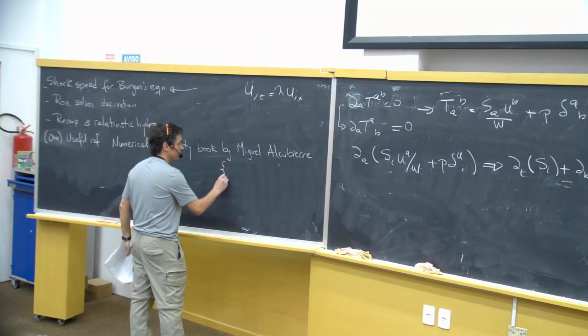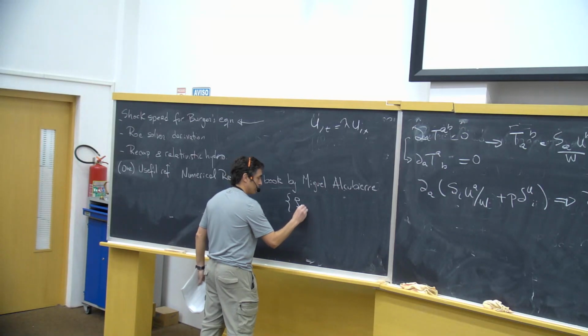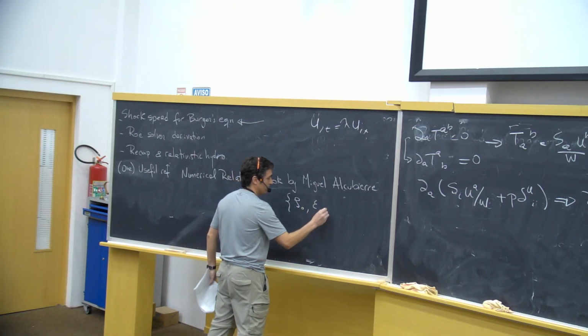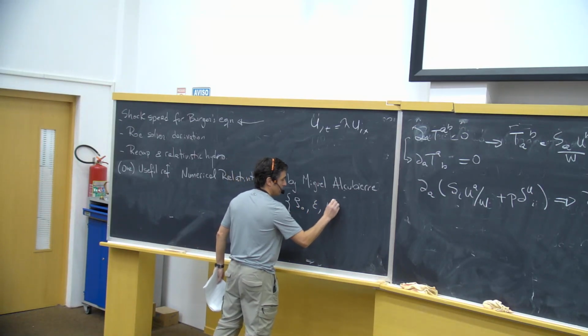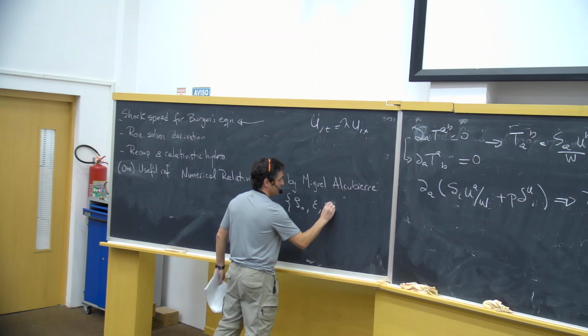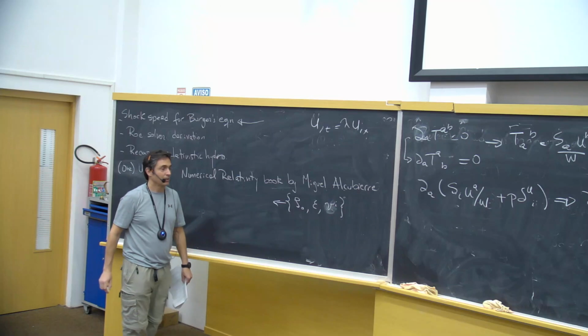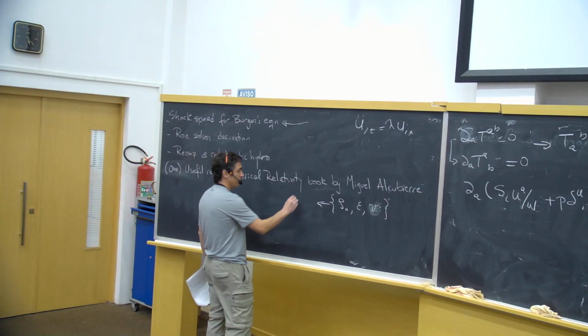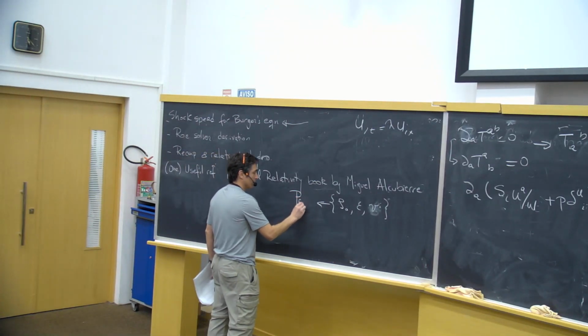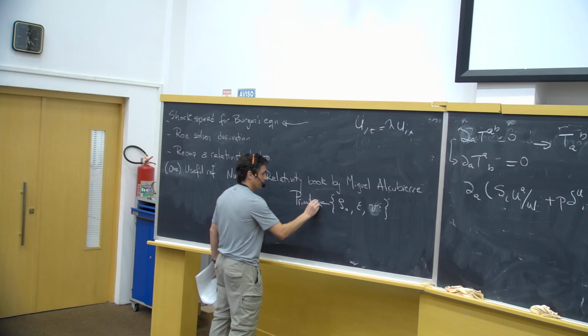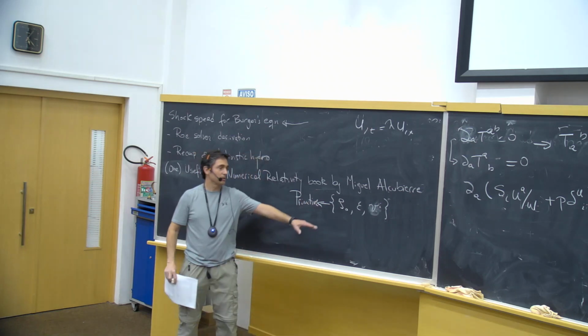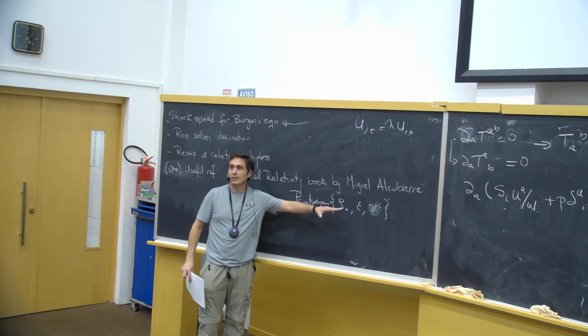Our original variables, just to remind you, are rho 0, epsilon, let's say, and UI, or let me just call it VI. And then we're going to introduce a name for them. We're going to call them primitive variables. So these are the variables we use to understand the physical properties of our system.